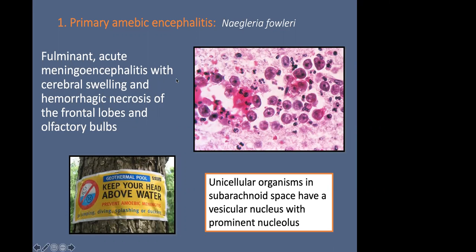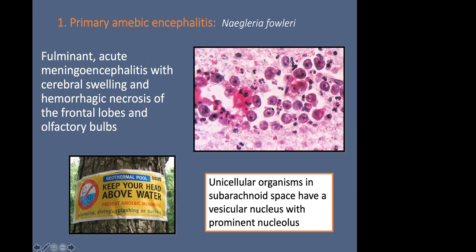They go through the nasopharynx, cause cerebral swelling and hemorrhagic necrosis, just like the Mucor, in the frontal lobes and in the olfactory bulbs. Diagnosing them is relatively easier if you have the tissue and if you just stain it with routine stains.